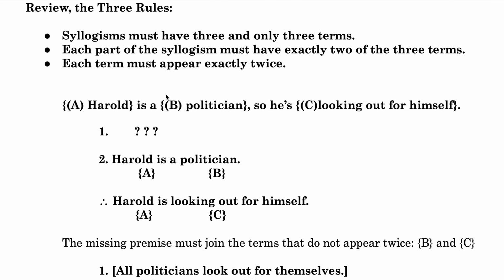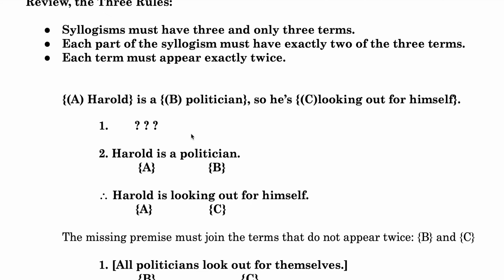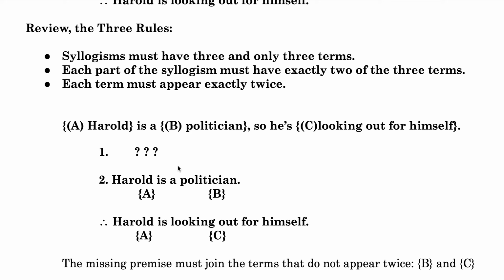So this is what I mean: each of these 2 statements, Harold is a politician, Harold is looking out for himself, each of these kinds of premise statements or conclusion statements has 2 parts to it: the subject of the sentence and the object of the sentence. And each of those represents basically a term, right?